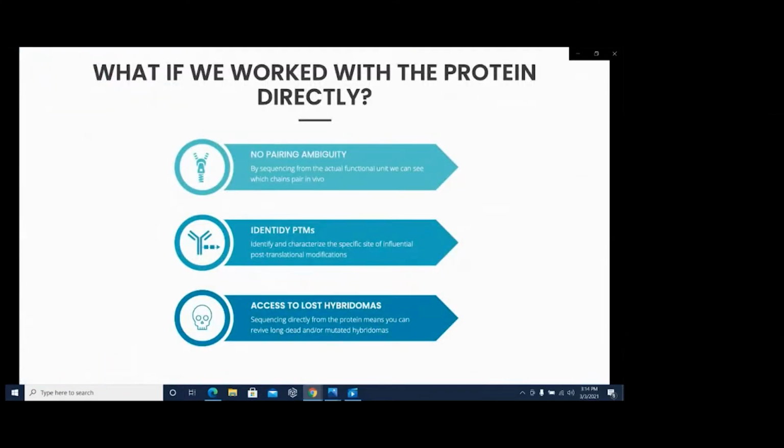Now, what if we actually work with the proteins directly? After all, it's the proteins that are doing the actual work. So it seems like a reasonable assertion. If we can work with the proteins directly, then it sidesteps a number of the issues and even provides some additional beneficial information. First of all, there's little to no ambiguity in terms of the chain pairing.